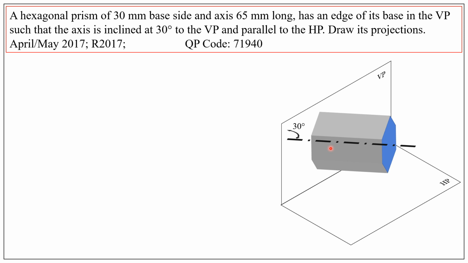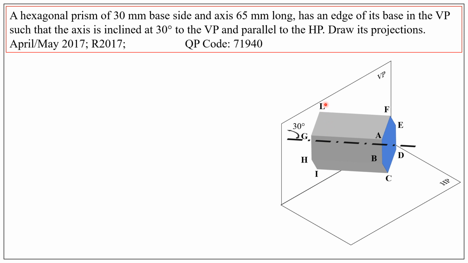We know a hexagonal prism has 12 corner points. The corner points on the front are named as A, B, C, D, E, F. On the rear side, we have 6 more corner points: G, H, I, L. There are only 4 corner points.